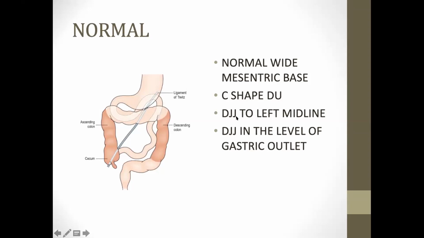The duodenojejunal junction will be to the left of the midline, and at the level of the gastric outlet. This is the gastric outlet, and this is the duodenojejunal junction, which should be at the level of the gastric outlet. This is the normal bowel rotation and fixation, with the ascending colon fixed retroperitoneally and the descending colon fixed retroperitoneally as well.